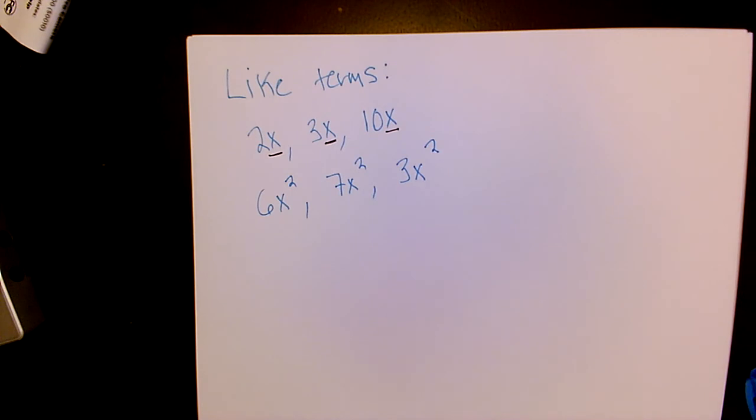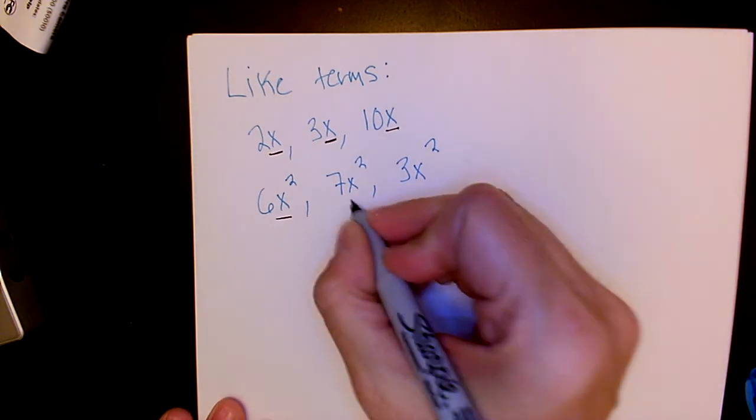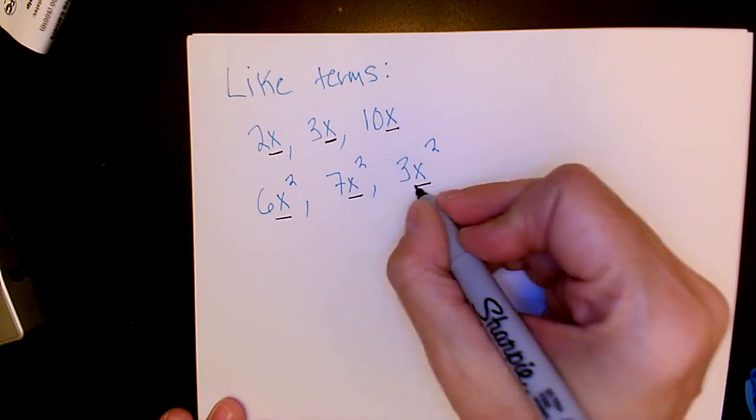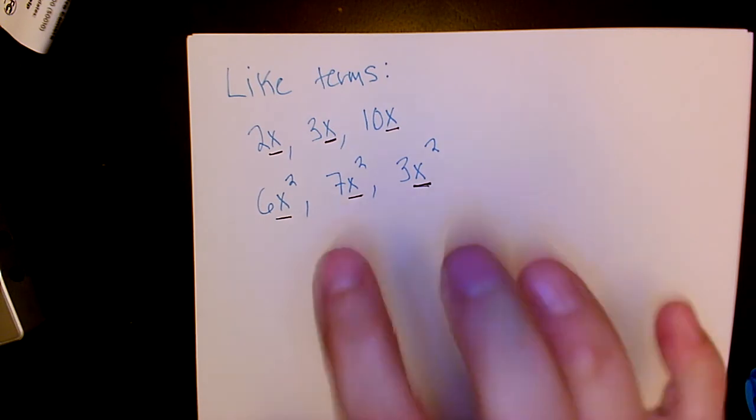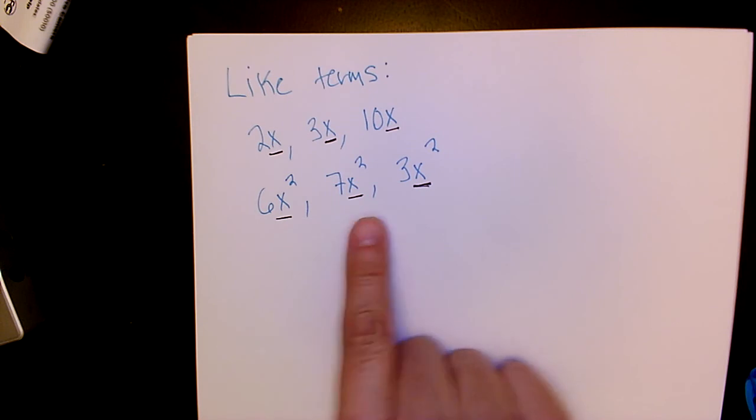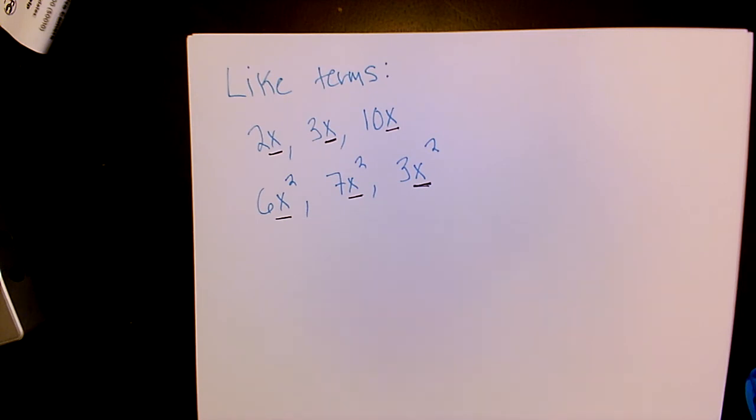This is also a group of like terms. The x squareds match up. So the numbers can be different, but in order for them to be like terms, your variable part must match up.